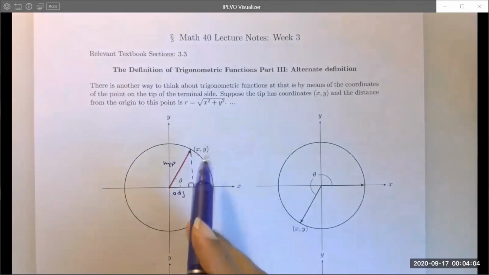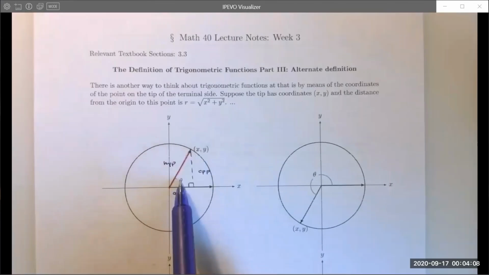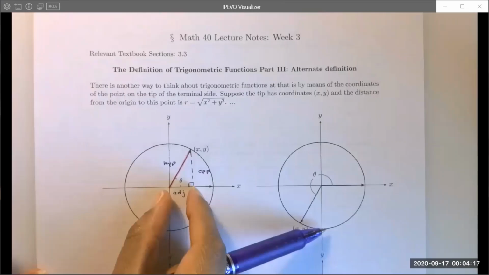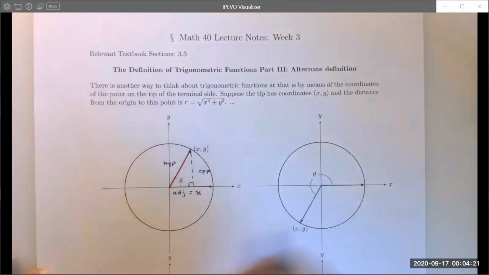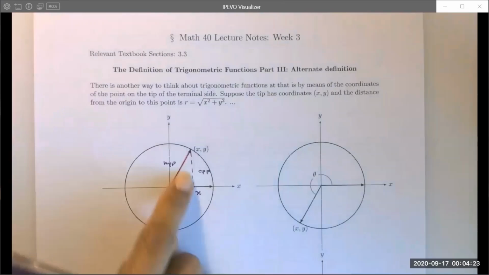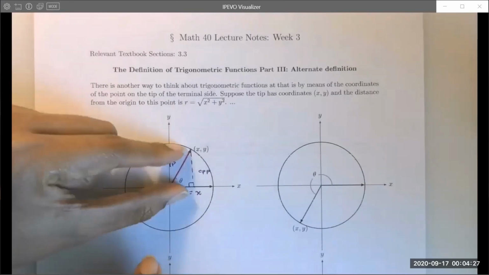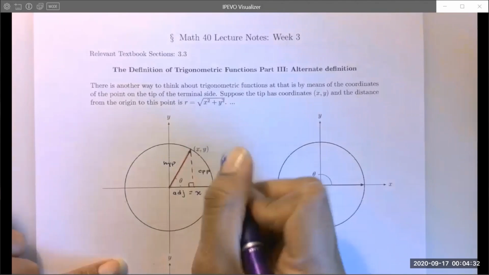Now, in order to get to the point x comma y, or to plot it, we would have to move to the right x number of units. So this distance down here, the adjacent side, is actually x. And then in order to make it up to the point x comma y, we would need to go up y number of units. So the opposite side is y.